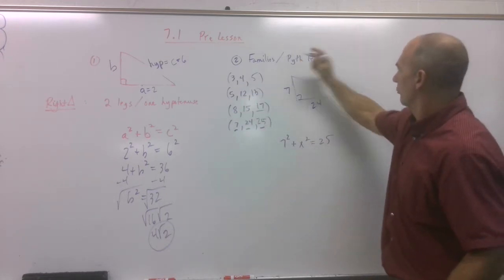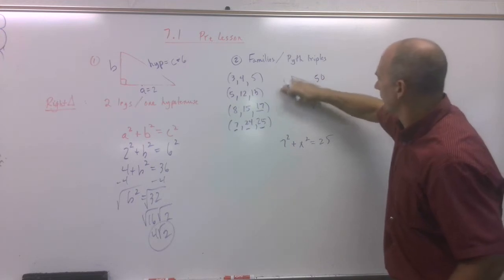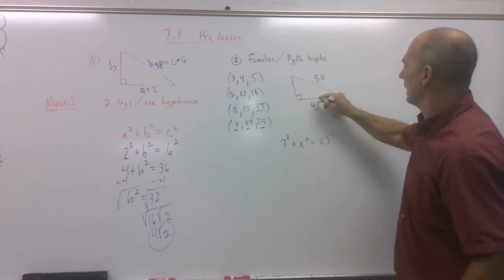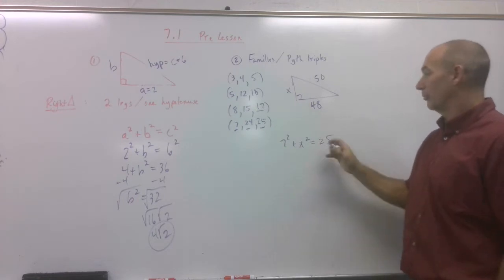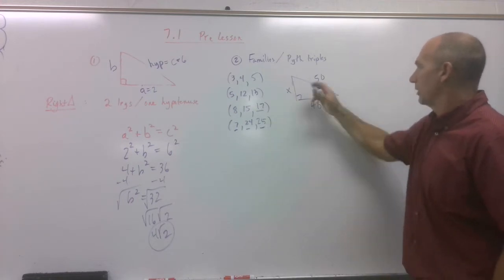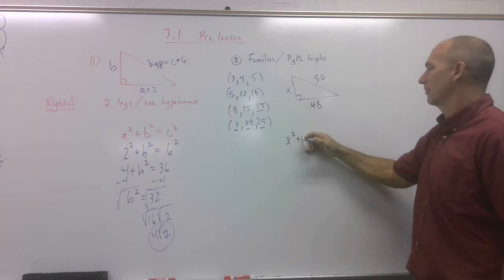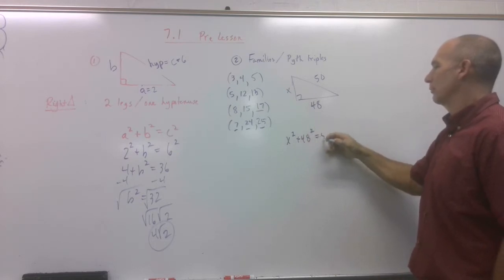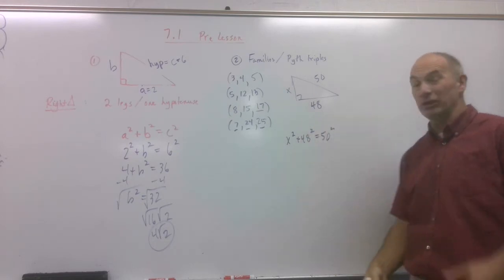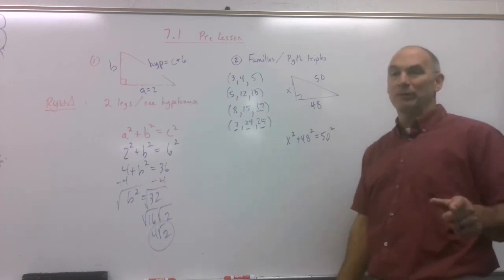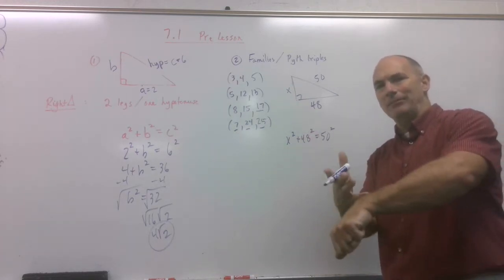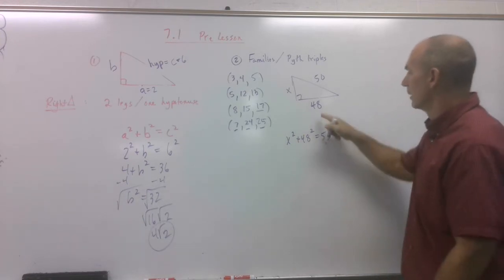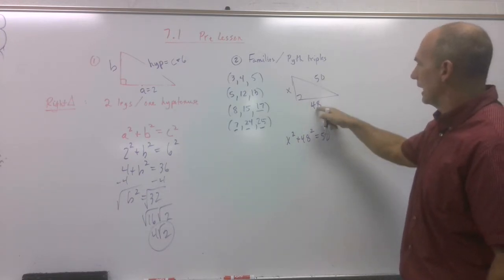Another trick. Let's say this is 50, and this is 48, and this is x. Some student might go, okay, I'm going to go x squared plus 48 squared equals 50 squared and just crunch it all out. You'll definitely get the answer eventually, but those numbers are huge, and if you're on a timed test, watch this trick. What goes into both 48 and 50?